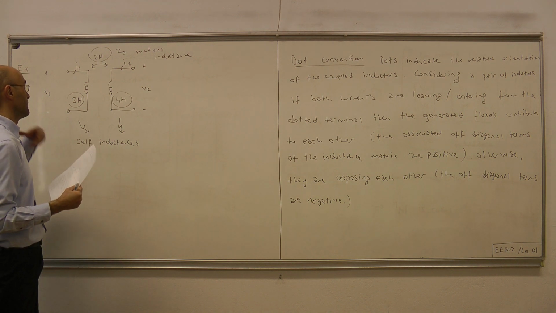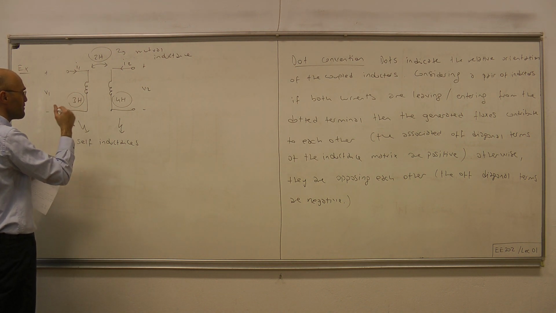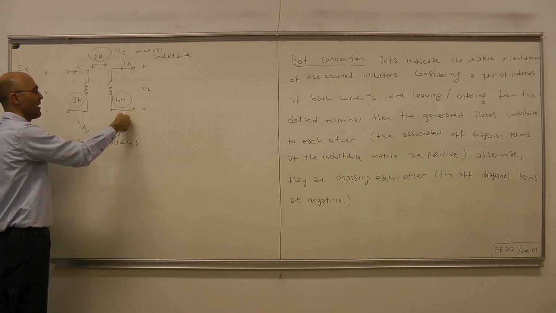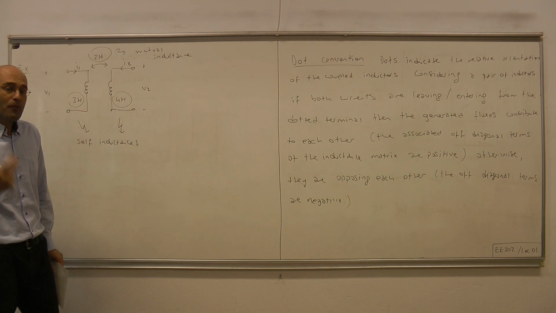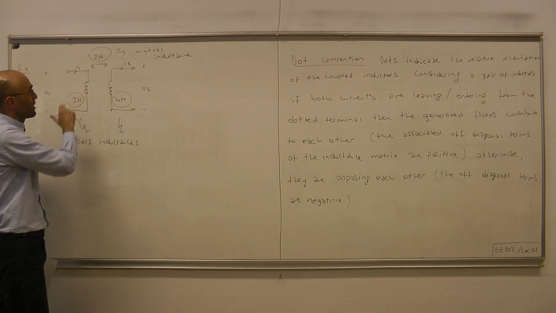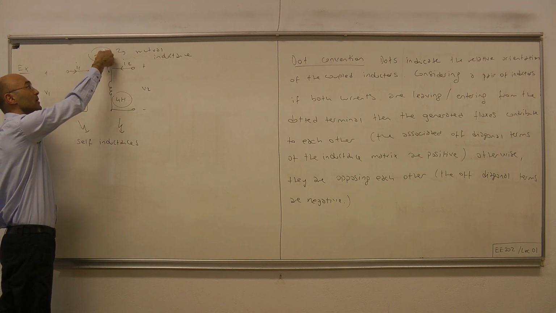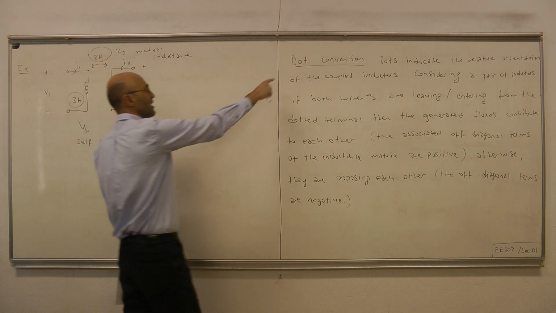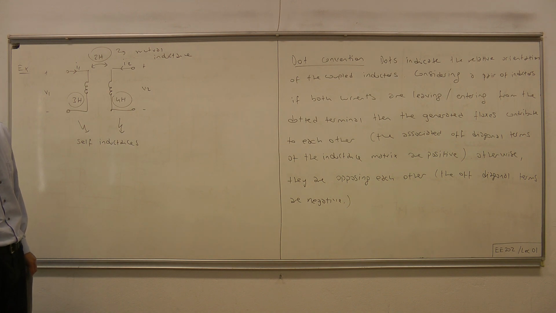In other words, we know that the inductance matrix will have diagonal terms 3 and 4, L1 and L2, but we cannot say by just looking at this picture whether the off-diagonal term will be plus 2 or minus 2, and for that we need the dots. We need information that's communicated to us by dots.